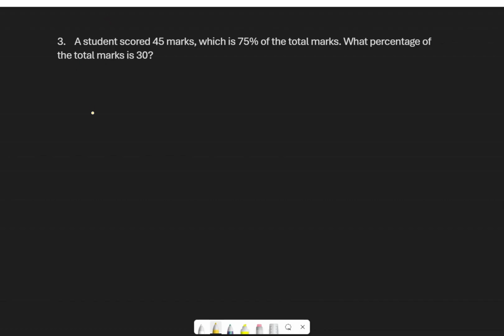So let's solve this. Do we know the total marks? No. So let's use a variable x to represent it. Now let's solve this. We solve for x.